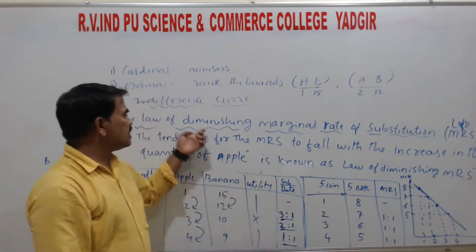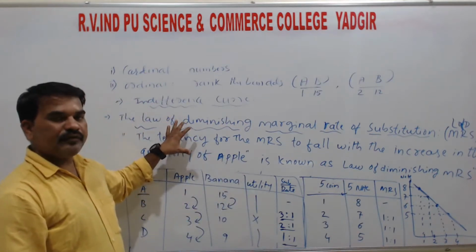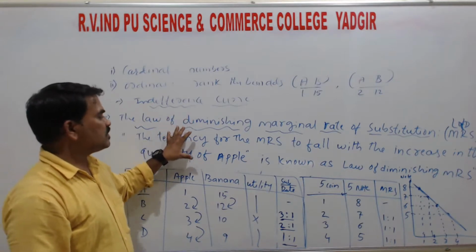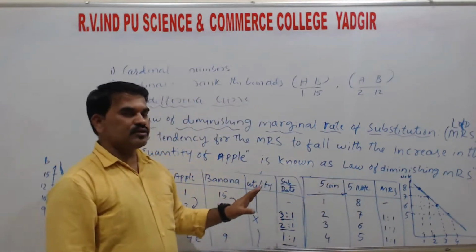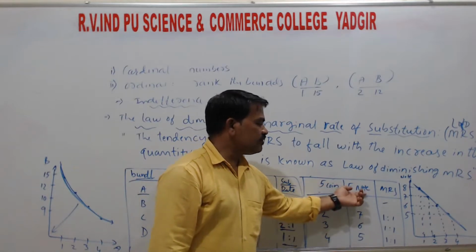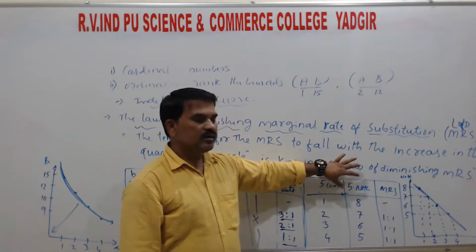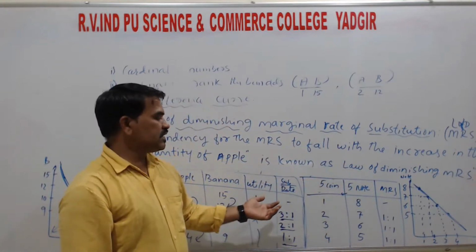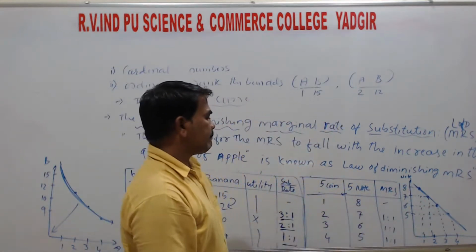This tendency we call diminishing marginal rate of substitution, if the products are imperfect substitutes. If we have products which are perfect substitutes, for example, in our example, 5 rupee coin and 5 rupee note, these two products, if you want to substitute, we have a perfect substitution here. In this case, we will get a straight line.